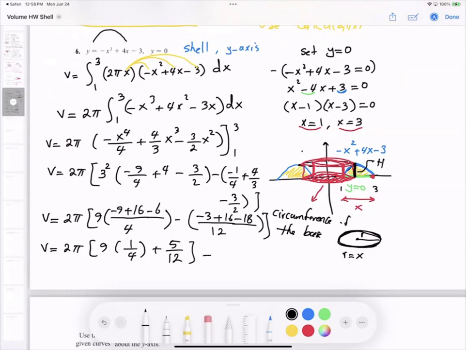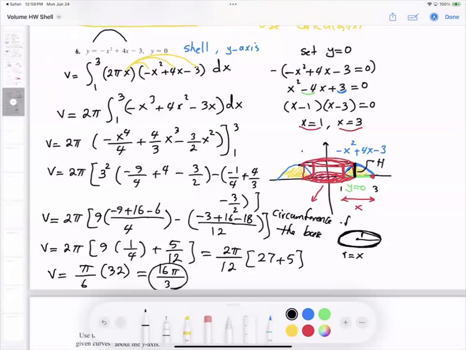The common denominator should be 12, 2 pi over 12, and then here you have 27 plus 5, or the volume is pi over 6 of 32. You can simplify this more, so you get 16 pi divided by 3. Okay, guys, I forgot about that 3. Please make sure to correct your work.